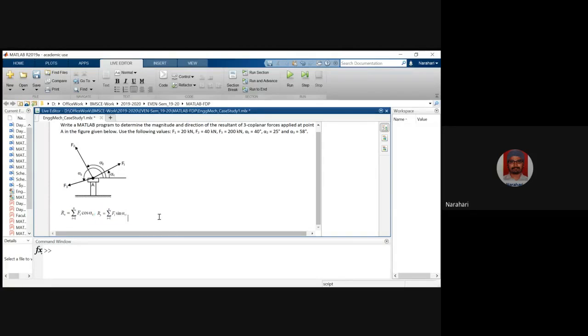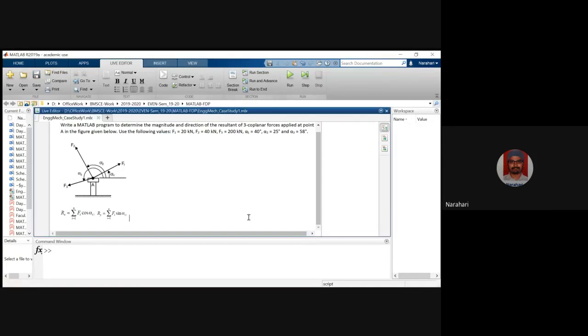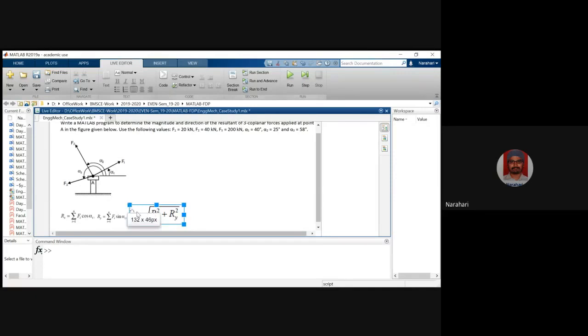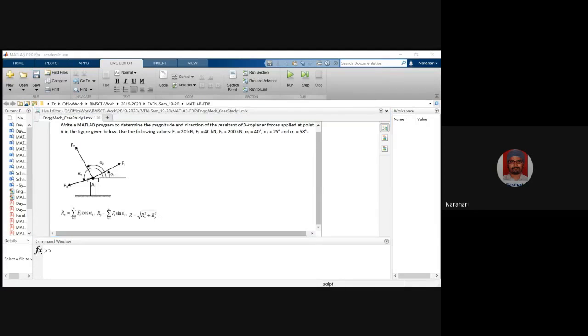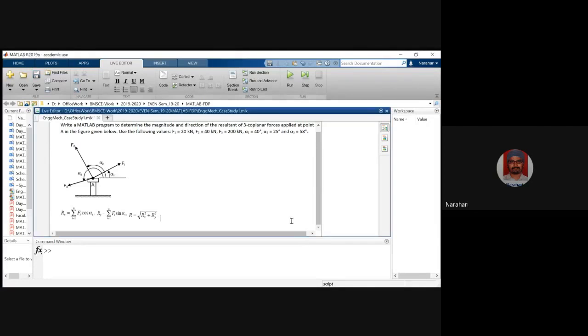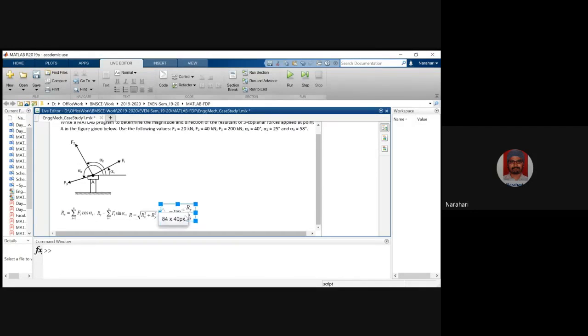Okay, and it's pretty simple. And alpha or theta or whatever, whichever notation you use, the understanding is the same. So is this one, right?